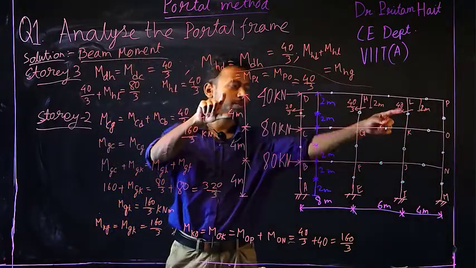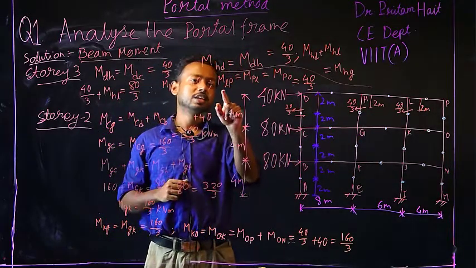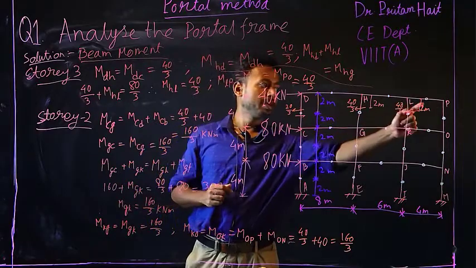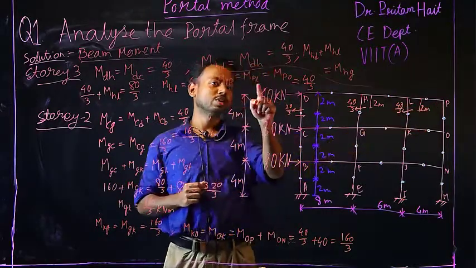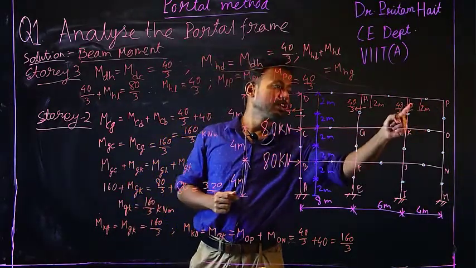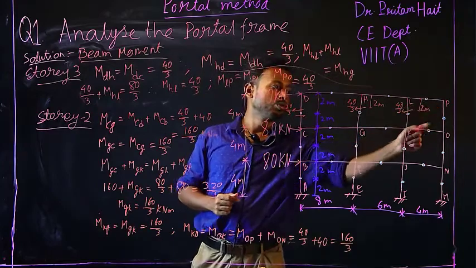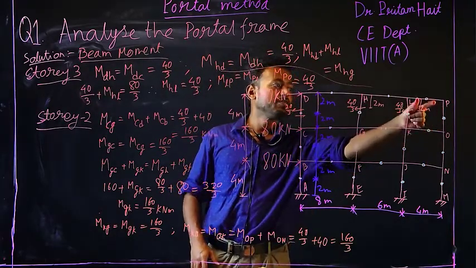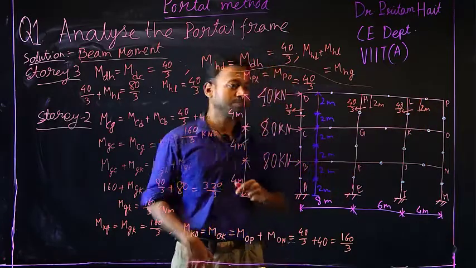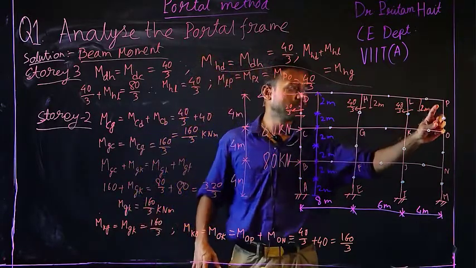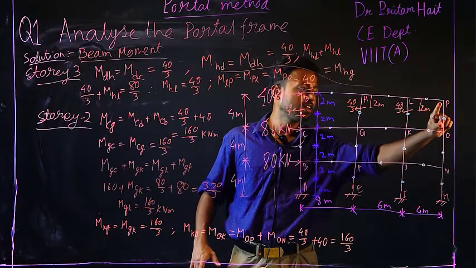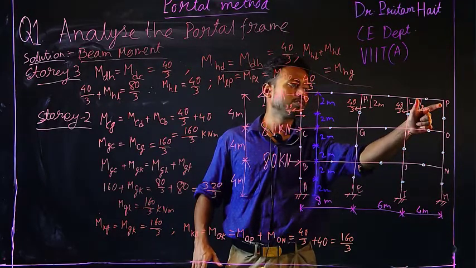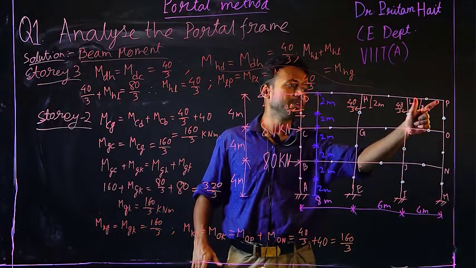Now come to the last member. So here you can see MLP will be equal to MPL will be equal to MPO, because at the end column and at the end beam the moment will be same. So what moment is generating in end column, that is PO, the same moment will be generating in beam LP.